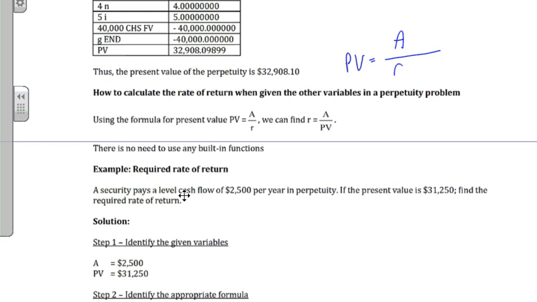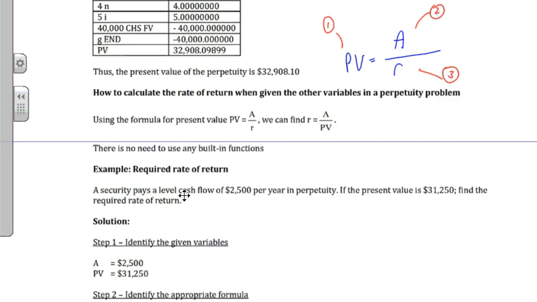What if they now say to you, oh, do me a favor, work out rate of return for me? Remember, the minute you've got over here, how many variables have we got? There's present value, there's payment, and there's rate of return. Now, the minute you've got any two, you can substitute and mathematically solve for number 3.